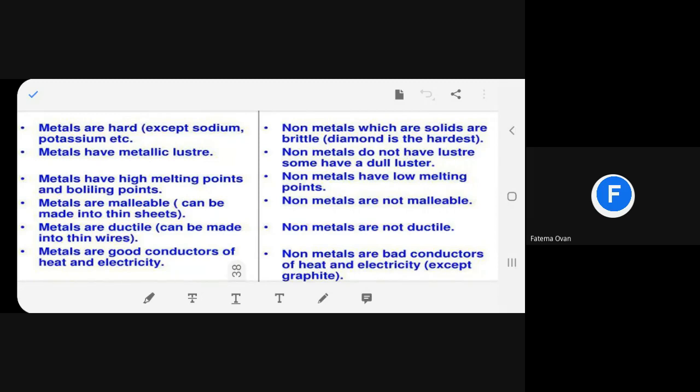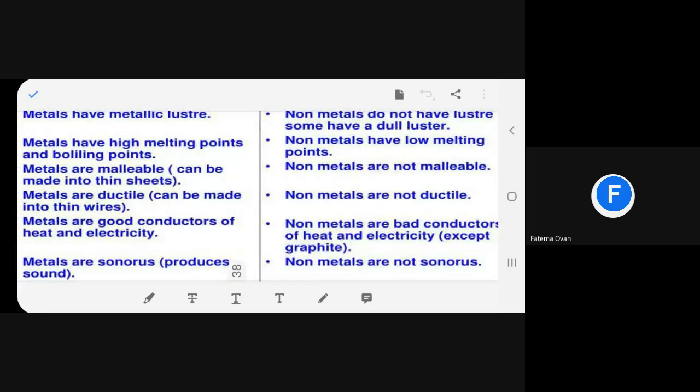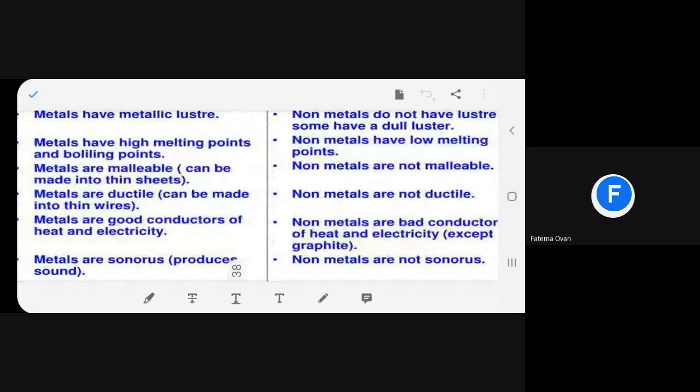Metals have high melting point and boiling point, that we know. Non-metals have low melting points. Next, metals are malleable. What is the meaning of malleable, beta? Can be made into thin sheets. Whereas non-metals are non-malleable. Metals are ductile, can be made into thin wires.